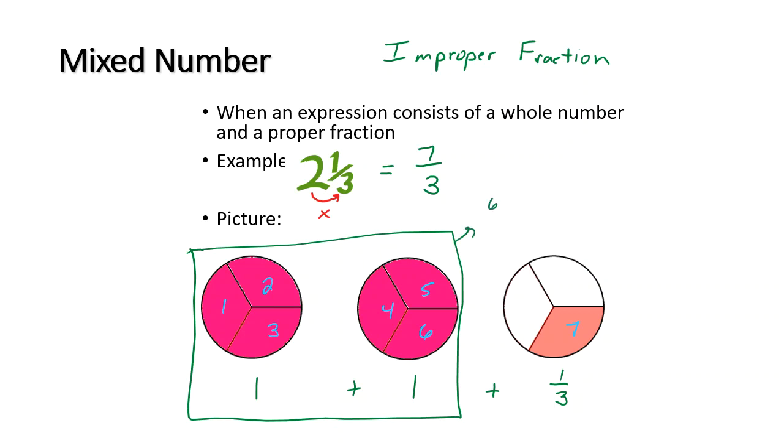This part has 6 thirds. And then I'm adding on the 1. Well, why am I adding on the 1? That's this piece right here. I'm adding on the 1/3 that's in the fractional part of the mixed number. And so that gives me a total of 7 thirds.